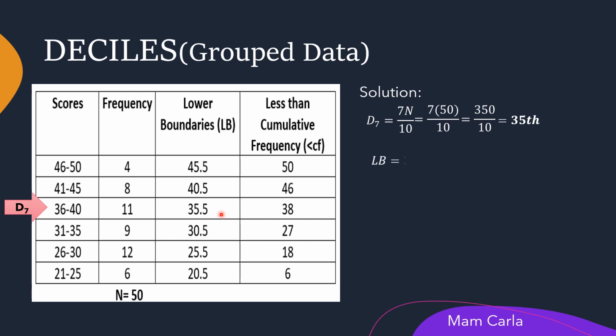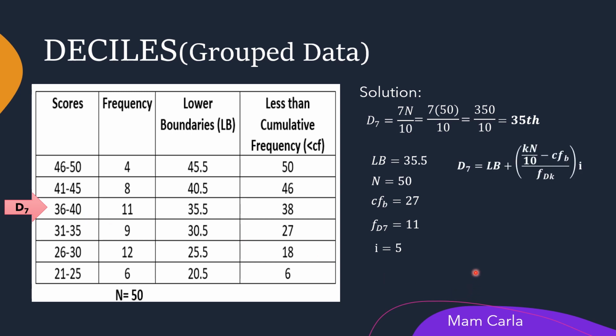Now, identifying the lower boundary, which is 35.5, and N is 50. The CF sub b, or the cumulative frequency lower than the D sub 7 class, is 27. The frequency of the D sub 7 class is 11. And then the class size is 5, since we have 5 scores within 36 to 40.